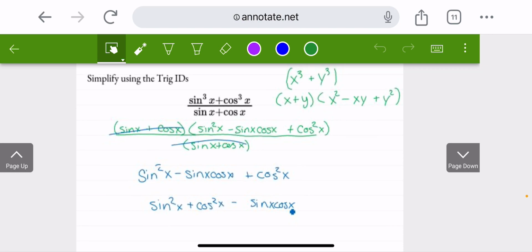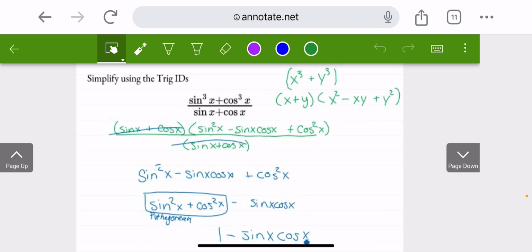This is my Pythagorean identity. So sine squared x plus cosine squared x, that's 1. 1 minus sine x cosine x.